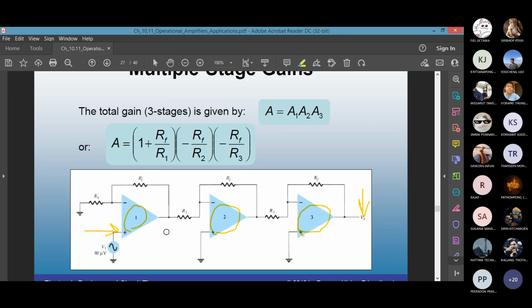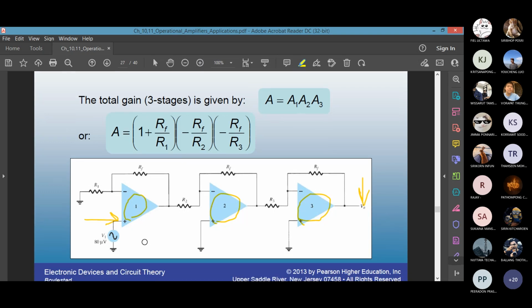But I can change the arrangement. I can make this first one the last one. So for the last stage gain, you have to see which input, plus input or minus input. The idea from this slide is that when you have multiple stages, you just find the gain of each stage and then you multiply. That's the total gain.